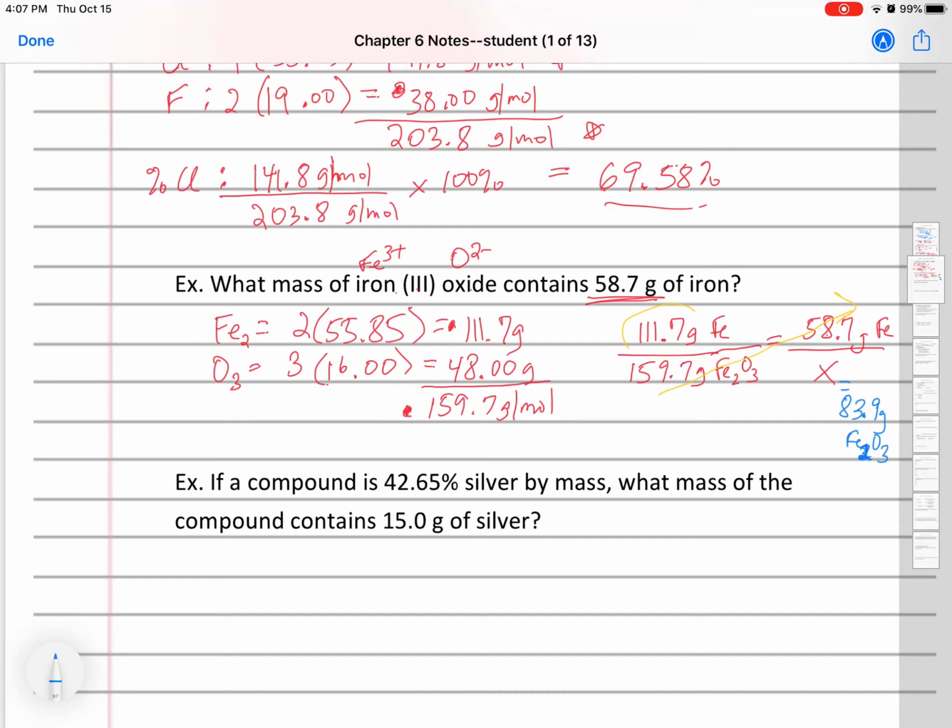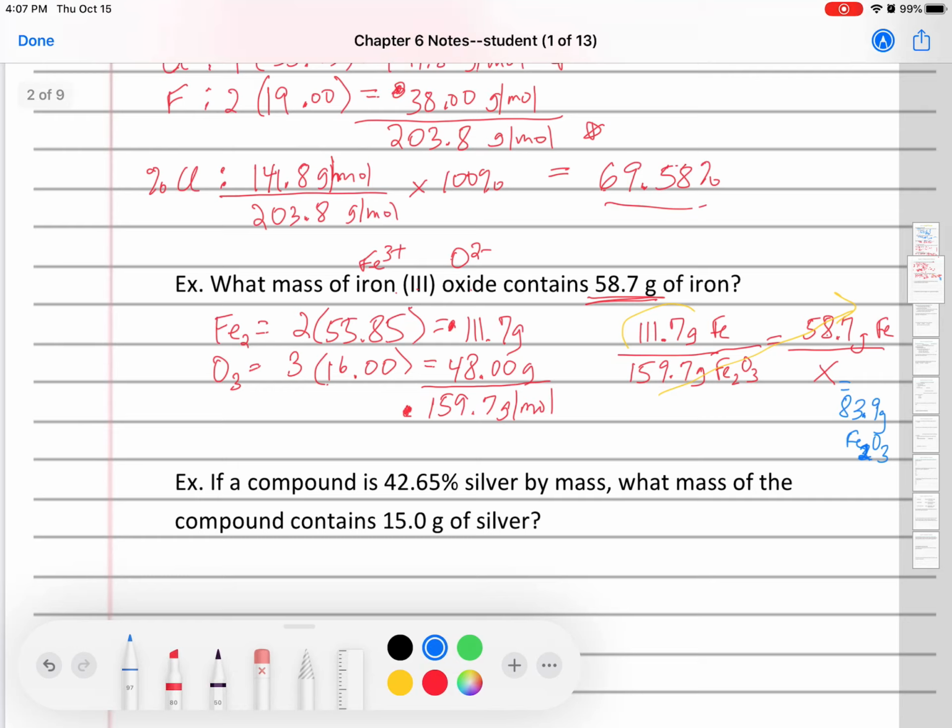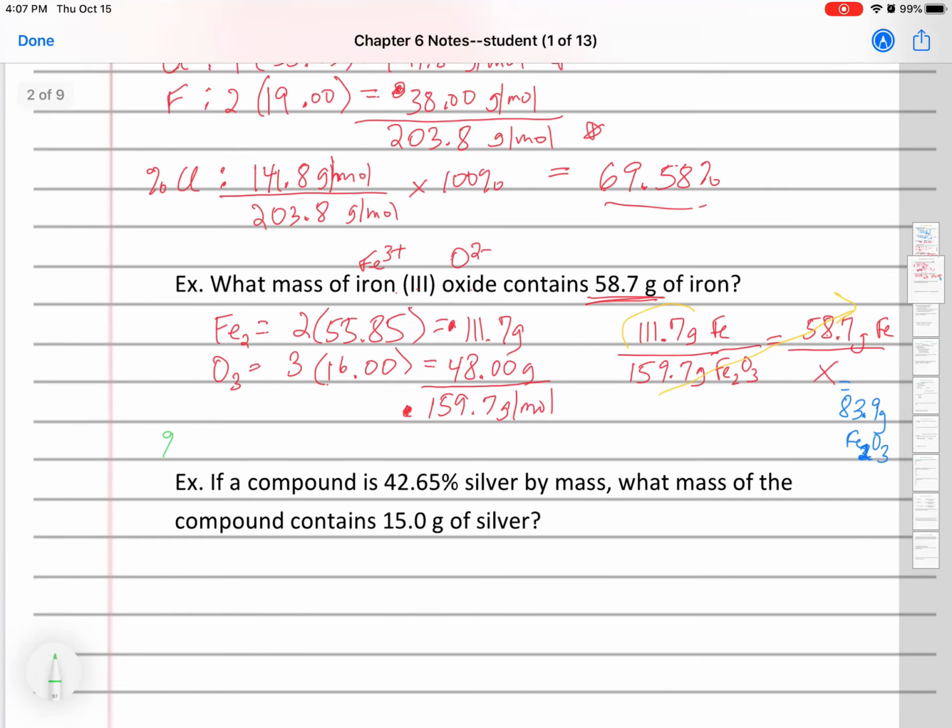The other way to do this is to figure out the percentage of iron. So I'll do this in a different color. We'll do it in green. So the percent iron would be 111.7 divided by 159.7 times 100%, which I did not pre-calculate, so I will do that right now.